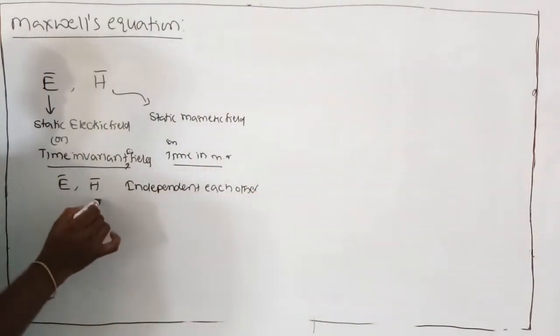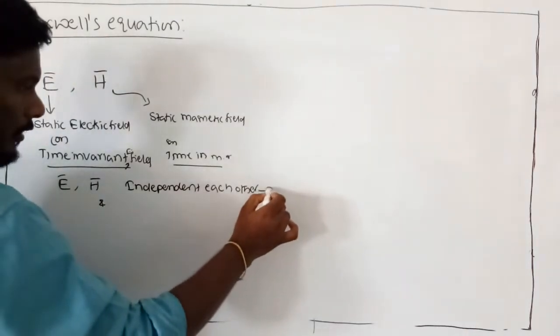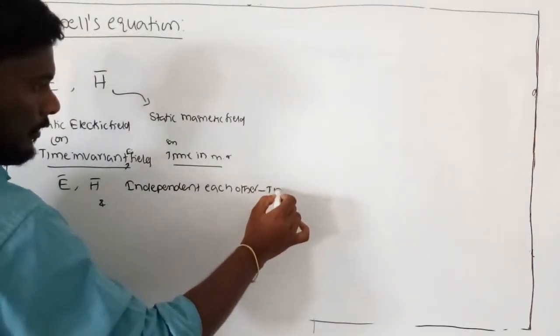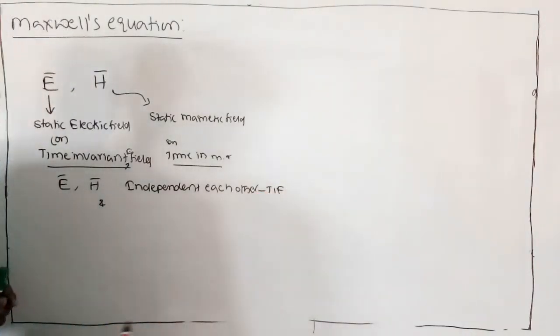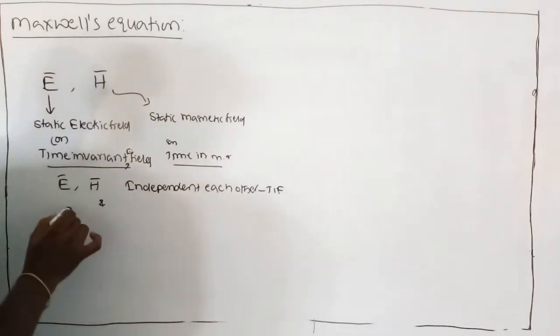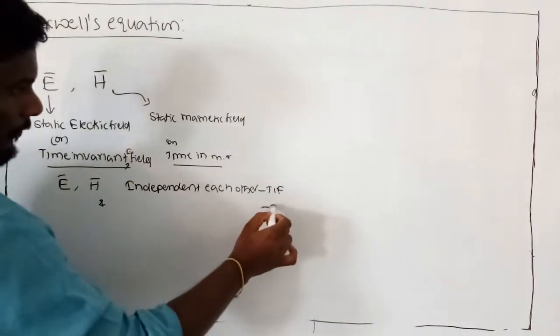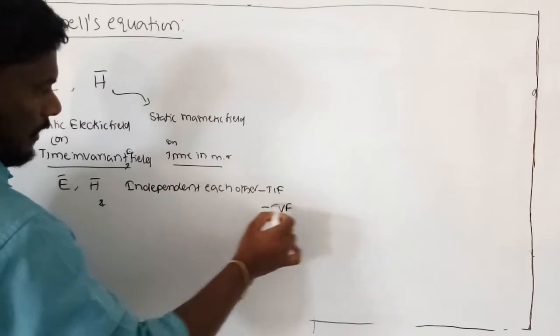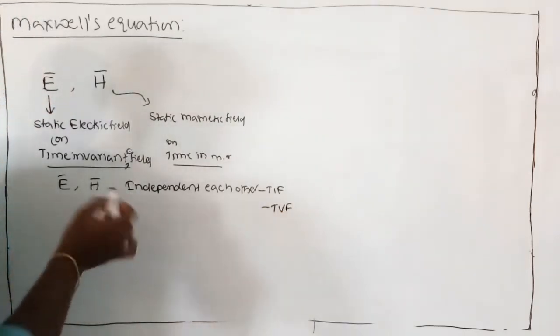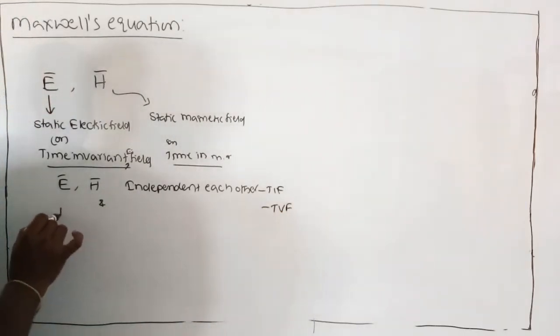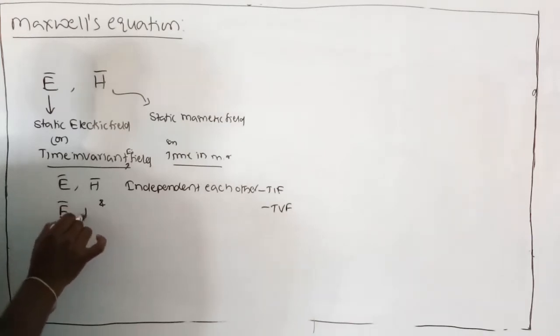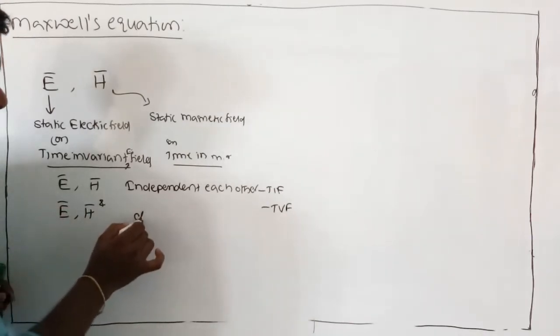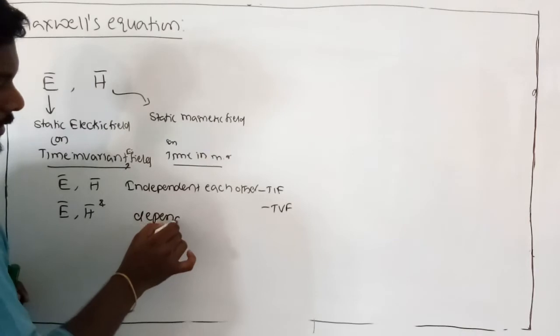But in the case of time variant fields, they are not independent, they depend upon each other. That means E bar and H bar are dependent on each other.